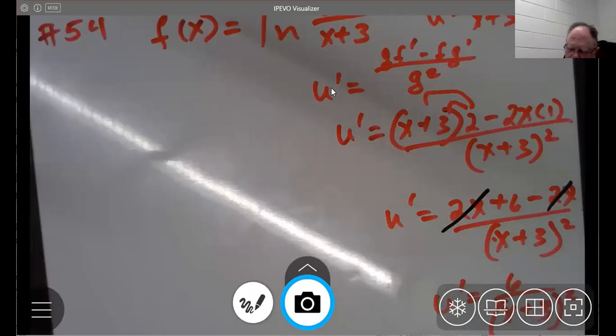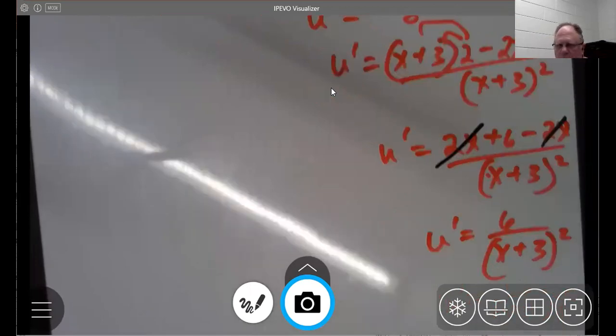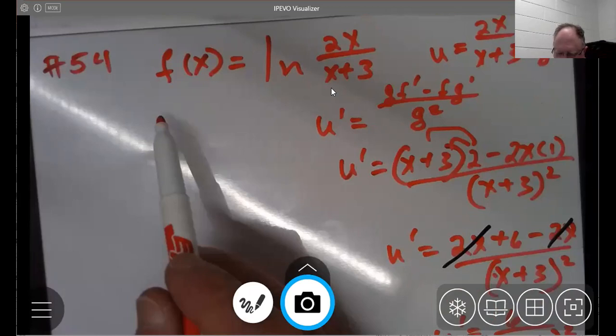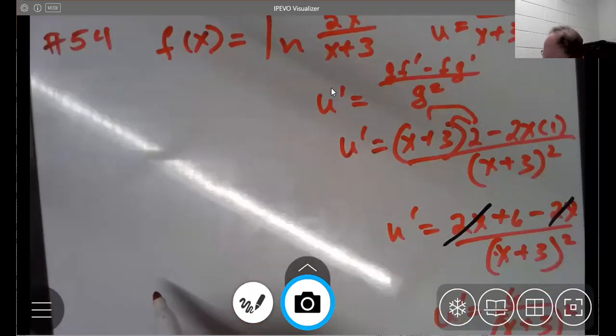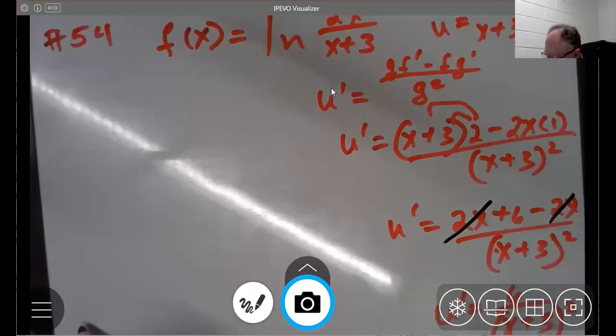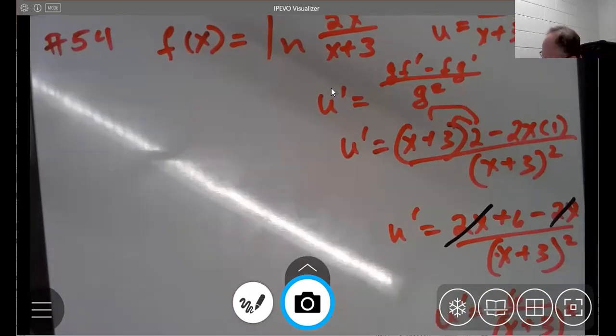All right. So now when we apply this, I'm going to rewrite this function down here. f of x is equal to the natural log of 2x over x plus 3. So f prime is going to be u prime over u.